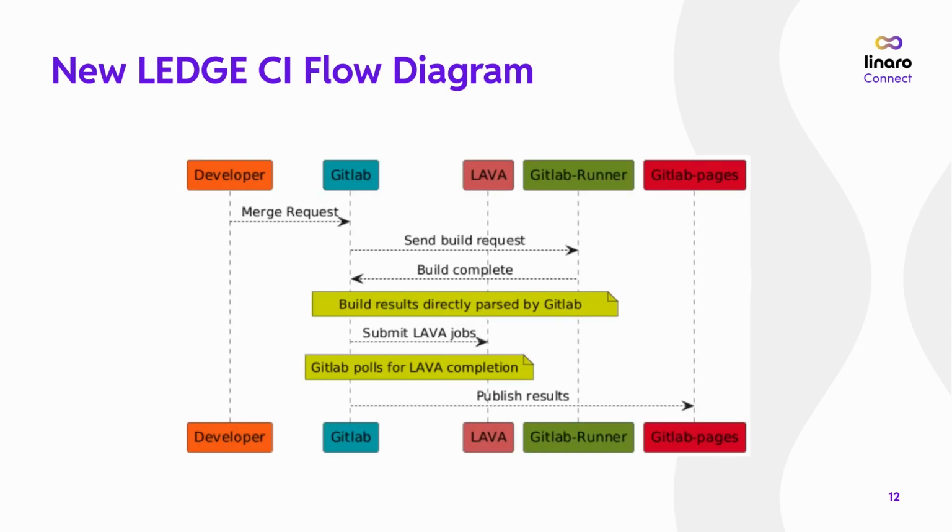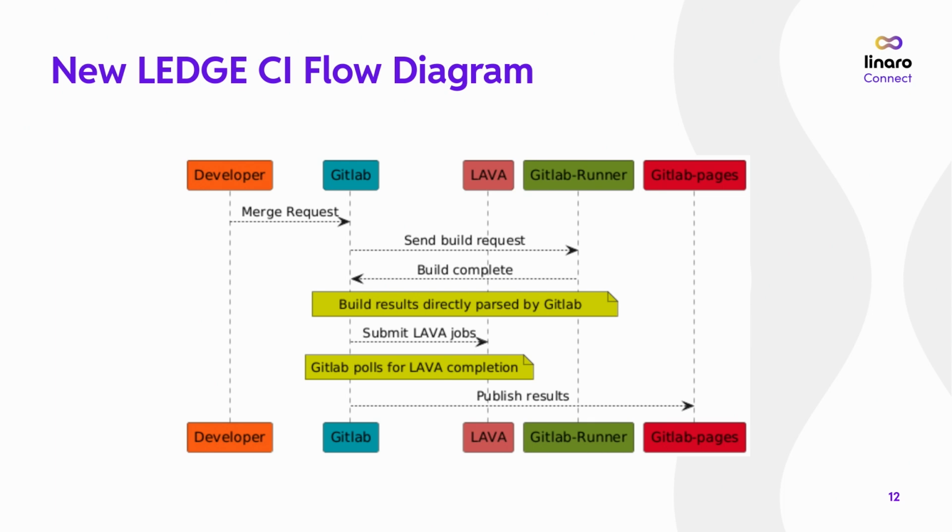So this is the new diagram. This is the new flow that is in place. You can see here, you start with the developer making the merge request to GitLab, and then it sends the build request to the GitLab runner. The build completes. All the results are parsed by GitLab, and then the jobs are submitted to Lava.